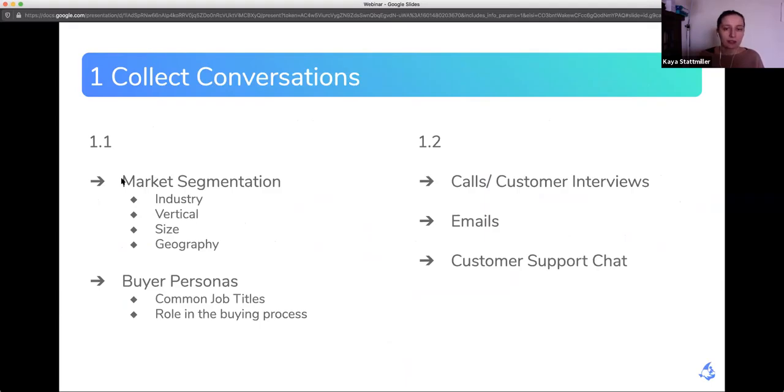So the most important thing, not only in this step but for the whole framework, is to have a proper market segmentation and the buyer personas. And the reason why is that relevancy doesn't work without those two elements.